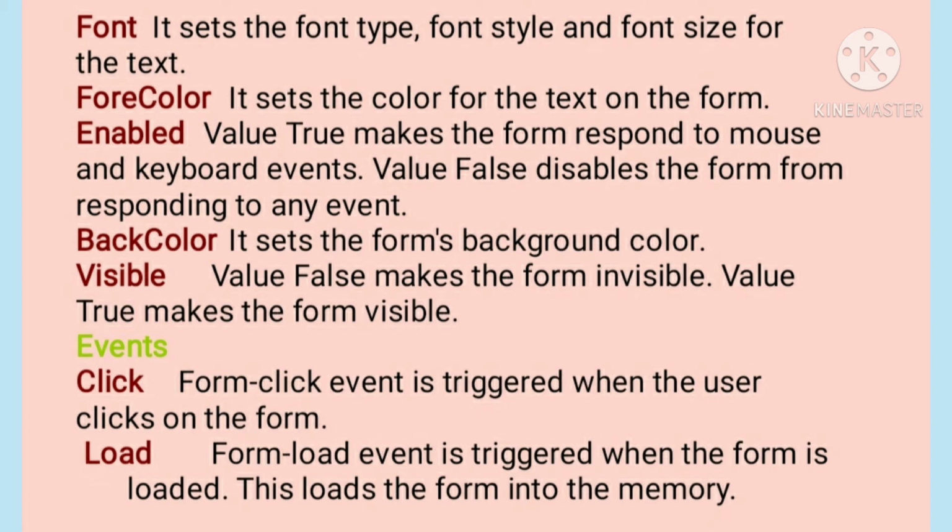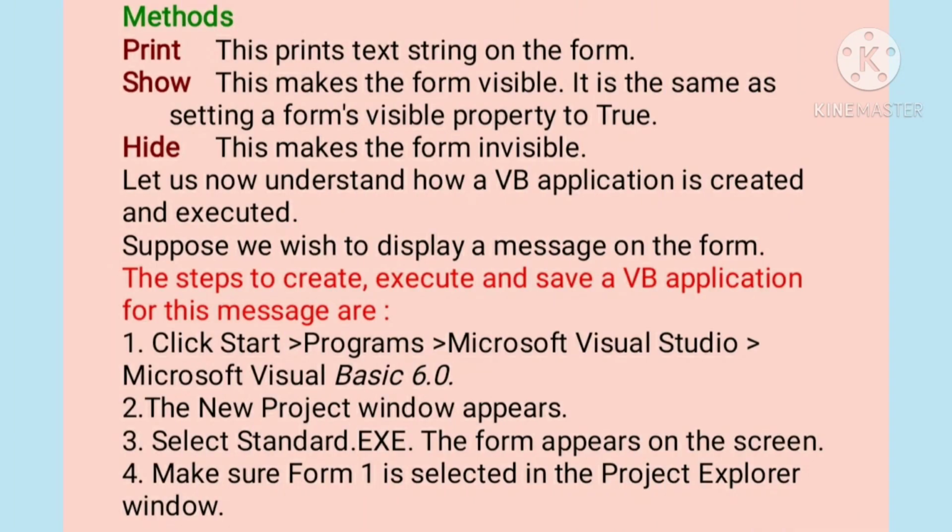Events. Click: the form click event is triggered when the user clicks on the form. Load: the form load event is triggered when the form is loaded. This loads the form into the memory. Methods.